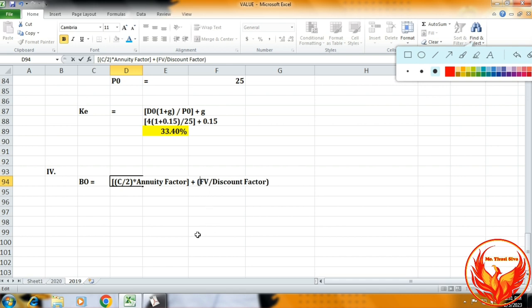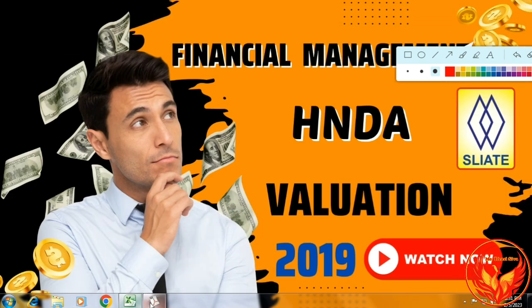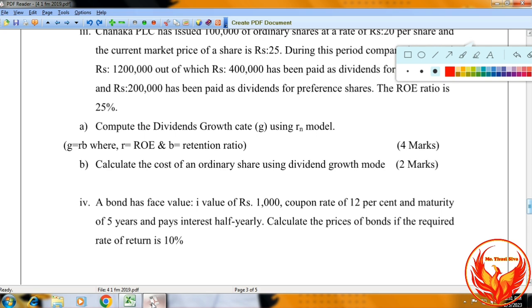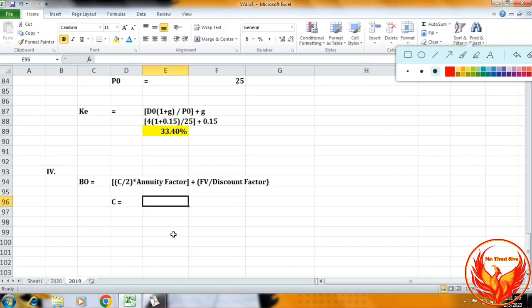This is the equation to calculate the bond value. The coupon is paid semi-annually. Here C is the coupon payment. In this question the interest is paid half yearly, so this is a semi-annual bond.